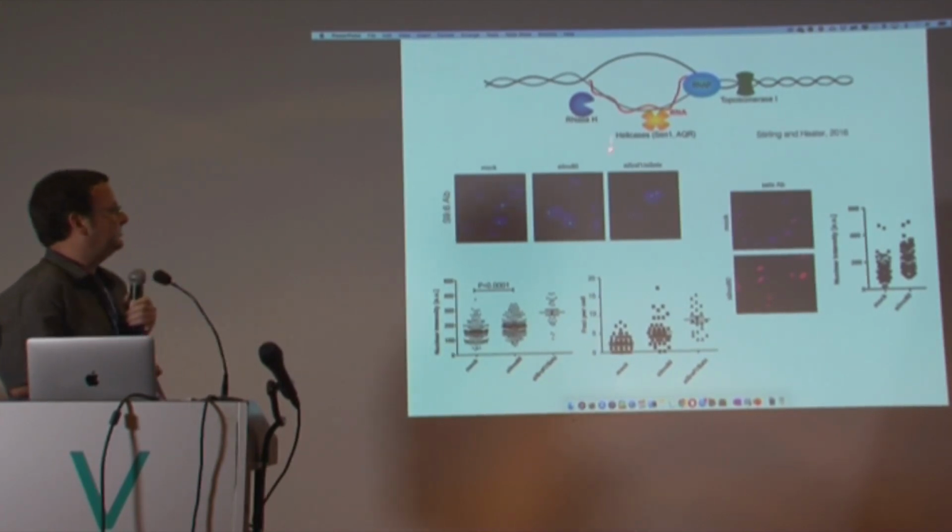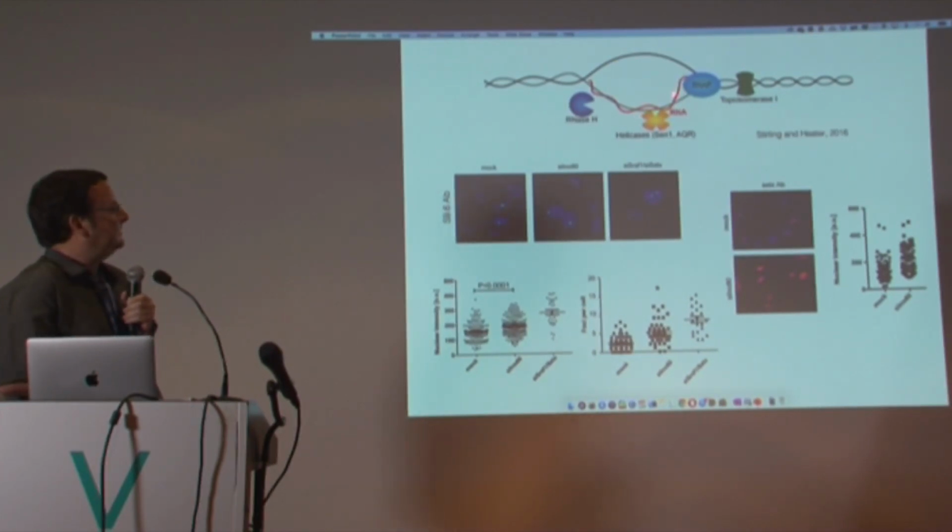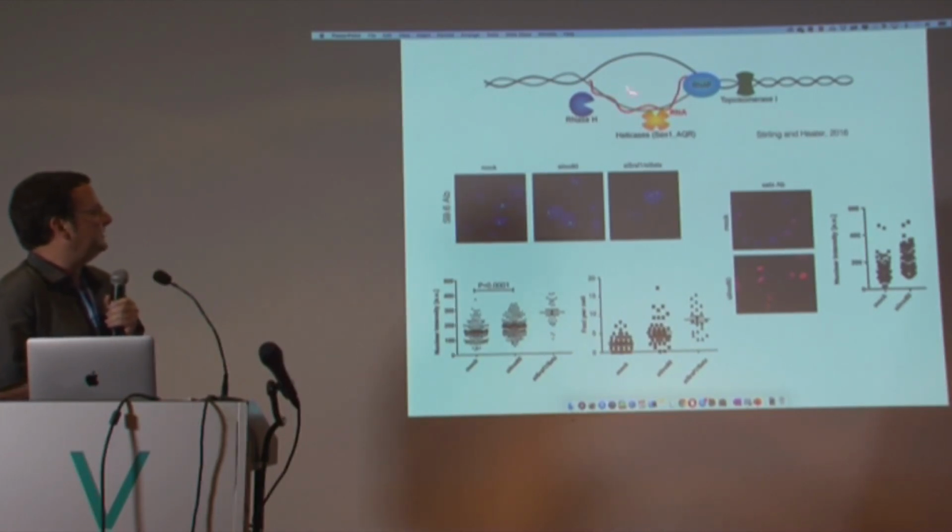R-loops are co-transcriptional structures which appear when the nascent RNA hybridizes with the complementary DNA strand, and they are recognized by an antibody. So we checked if R-loops are increased in INO80 silenced cells, and we saw an increase.